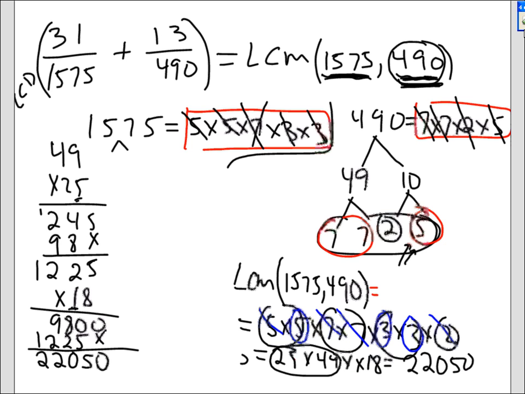You're going to have to write down the 490 table for the first 45 numbers: 490 times 1, 490 times 2, all the way down to 490 times 45, which is 22,050. You don't want to do that. You really don't. And then you're going to have to write down the 1575 table. That's the alternative, doing it that way.